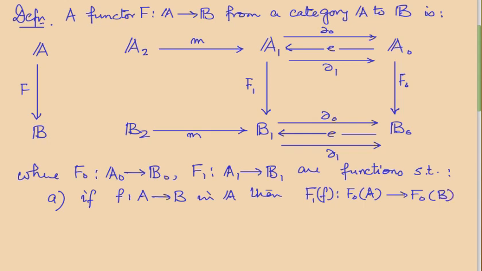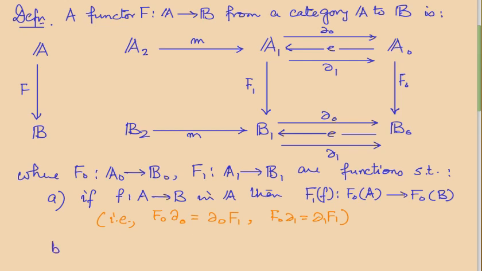So what am I saying? With respect to this diagram, I am saying f0 partial 0 is partial 0 f1 and f0 partial 1 is partial 1 f1. That means the top square and the bottom square commute.